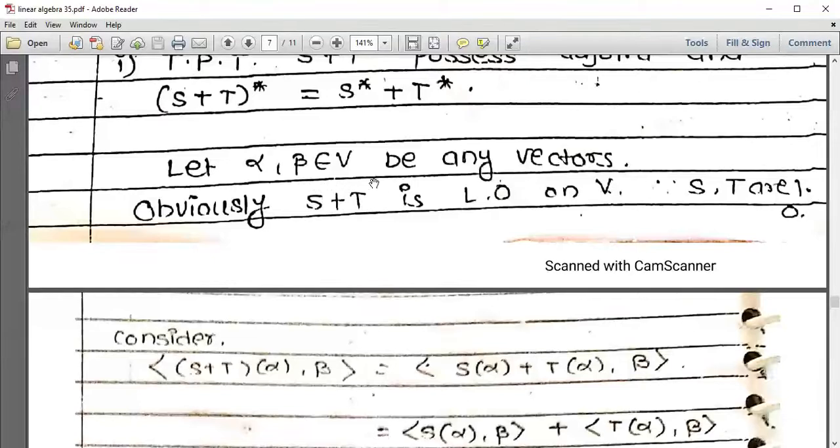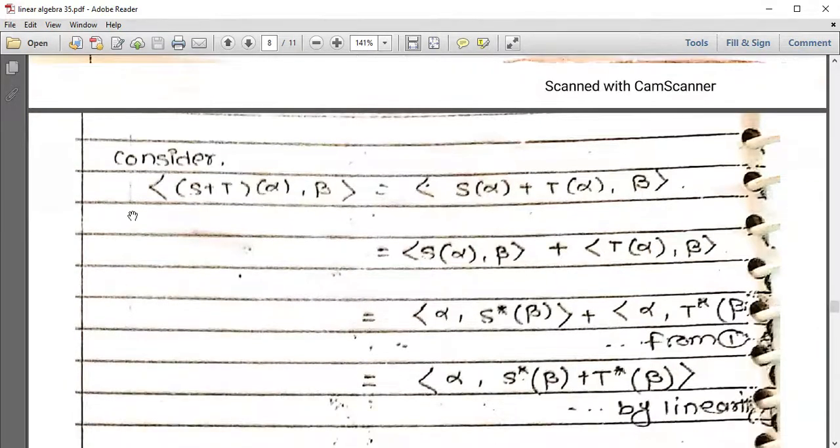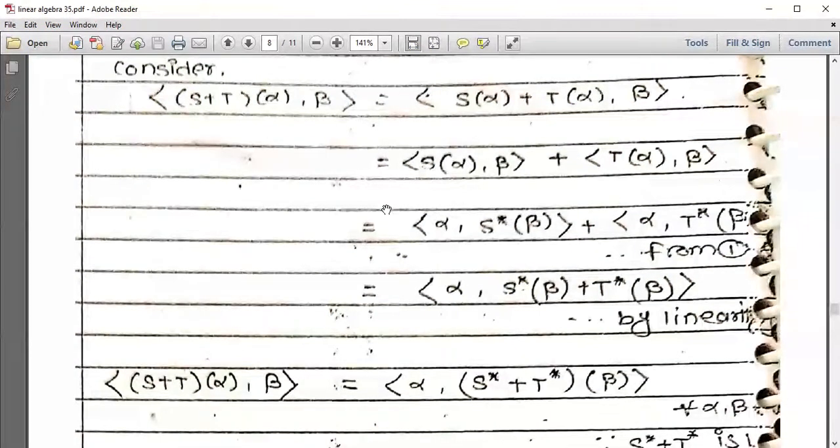Let alpha, beta belonging to V be any vectors. Obviously, S plus T is also a linear operator on V, since S and T are linear operators. Consider the inner product of (S plus T) of alpha and beta, which is equal to the inner product of S of alpha plus T of alpha and beta. By the linearity property of the inner product space, this is equal to the inner product of S of alpha and beta plus the inner product of T of alpha and beta.